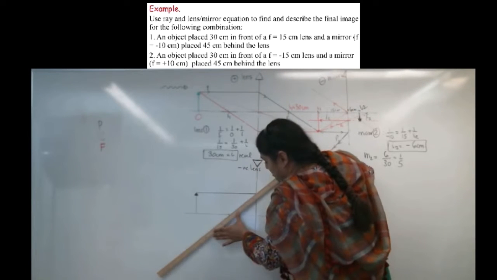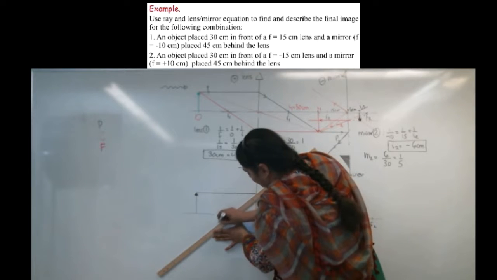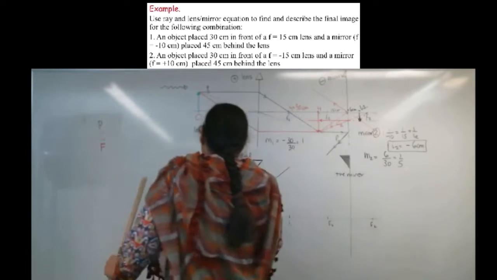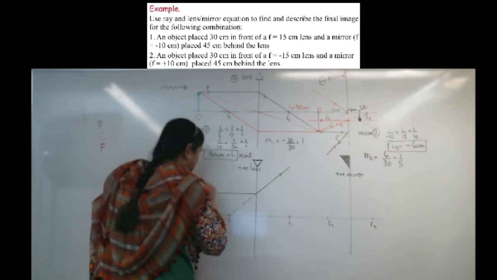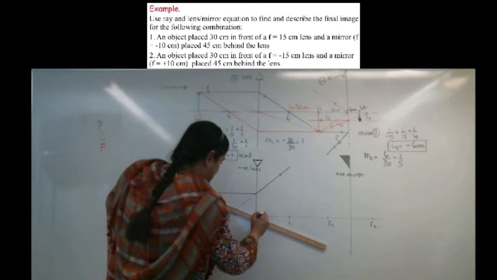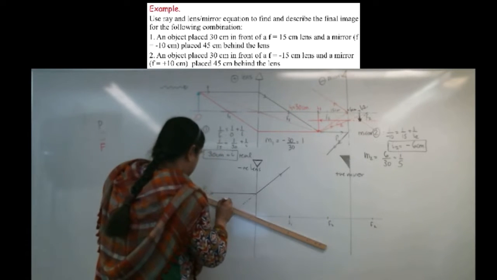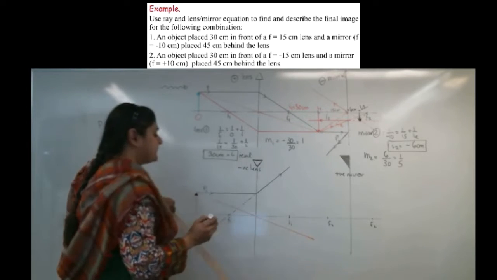Diverge by how much? Diverge by this much, so it falls in here, that much. So principal comes in here, principal goes out here, P1. So the chief ray will come in here from the top, go out here. Okay?